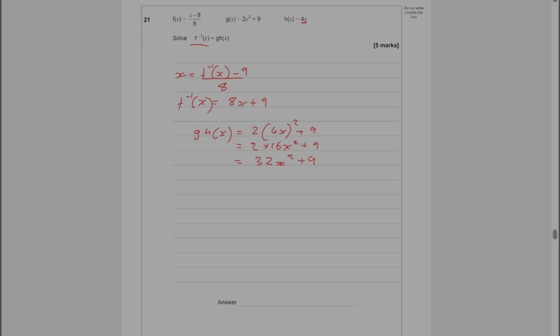So I'm going to put these equal to each other then, so 8x plus 9 is going to be equal to 32x squared plus 9.